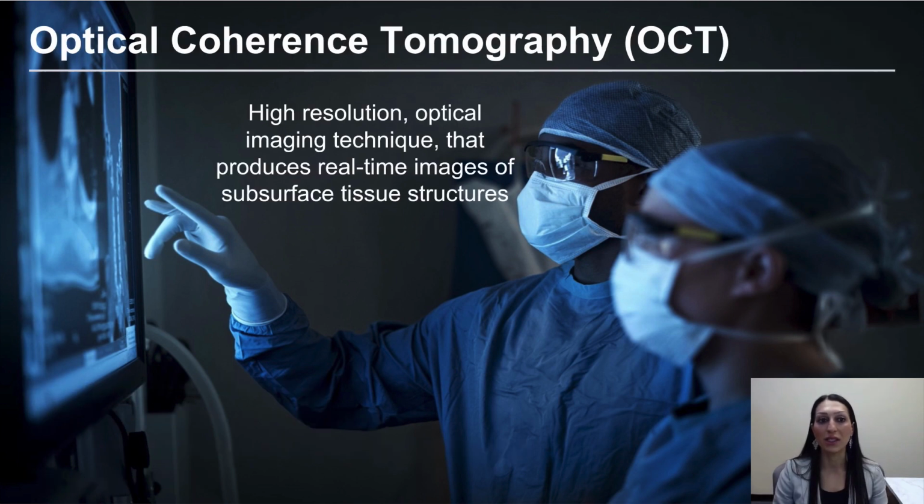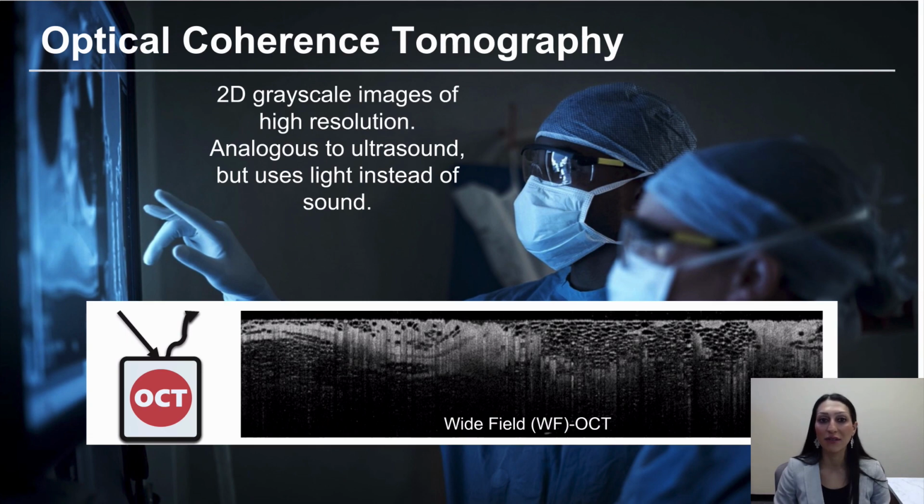So what is OCT? Optical Coherence Tomography, or OCT for short, is a high-resolution optical imaging technique that produces real-time images of subsurface tissue structures. Perimeter's imaging device uses OCT to produce 2D grayscale images, much like those used by ultrasound.